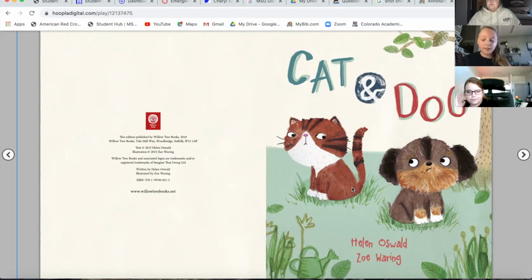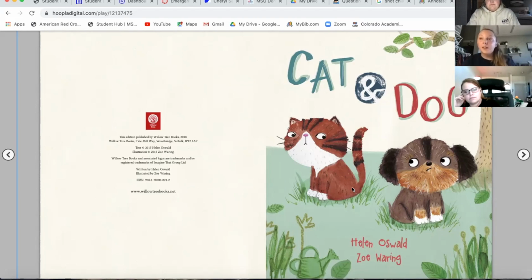The next type of question is called a think and search question. A think and search question means that the answer could be in multiple parts of the book. So this means that you have to search through the book and find evidence to support your answer.